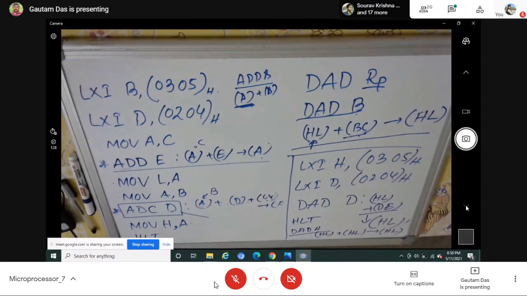The instruction set is already designed according to the microprocessor design. If they had thought to use ADX, no problem, they could have, but they have not used it. They use DAD to represent the double addition. That is the only difference. No other significance is there.